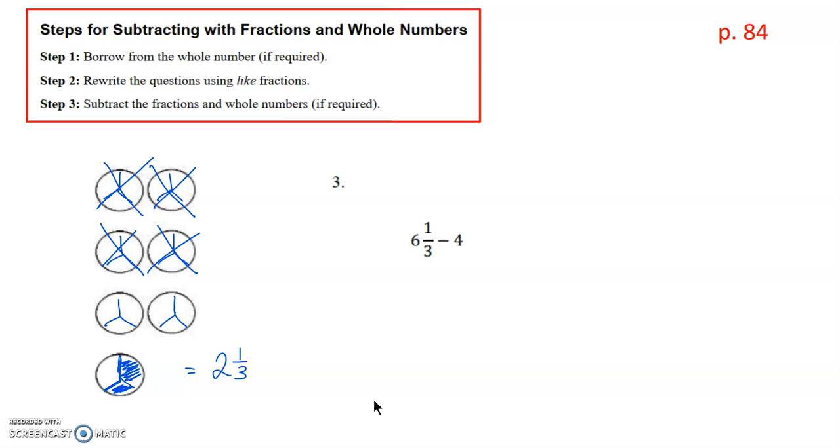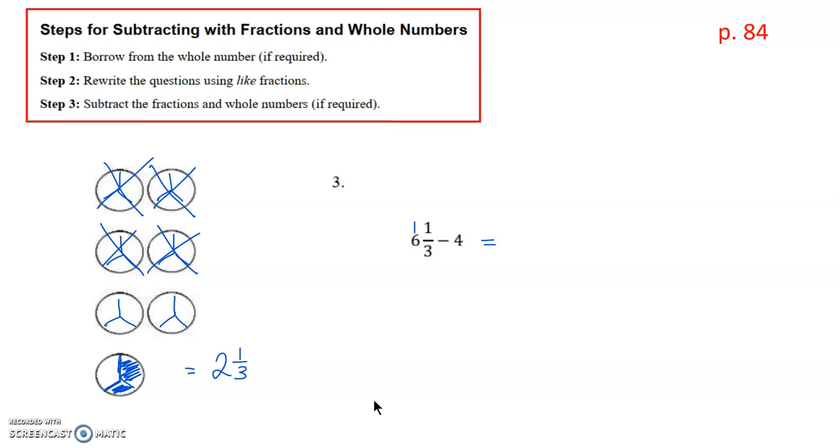Well, these ones are a little different. We didn't have to do anything to the 6 1/3 to take away 4 pieces. So when you have a mixed number subtracting a whole number, watch out for these ones. You don't need to borrow because you have everything you need to be able to subtract a whole number.